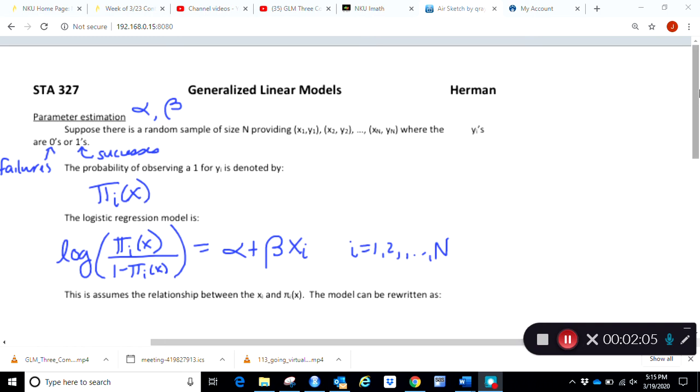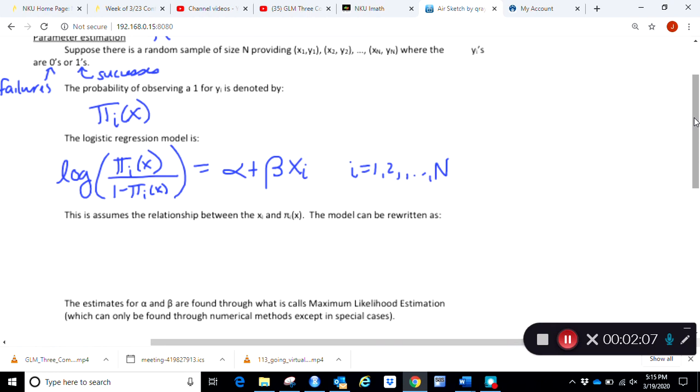Now, a side note, just to sort of understand why maybe we discussed odds for a very, very long time: if you look at the log of pi over 1 minus pi, and we think back to, well, what is this actually telling me? Well, this is the probability of success over the probability of failure, which is odds.